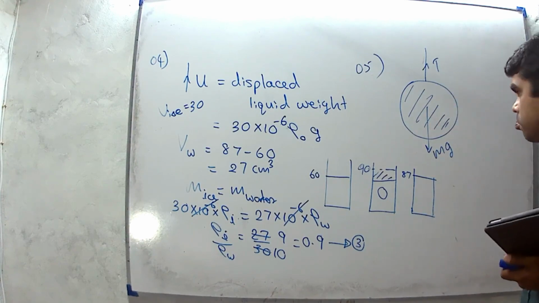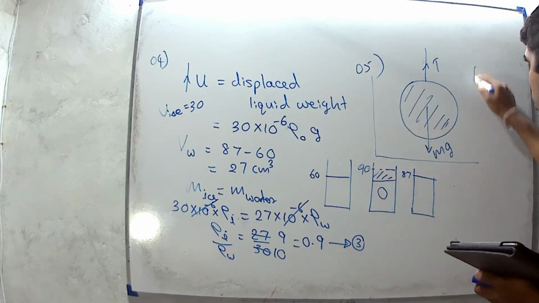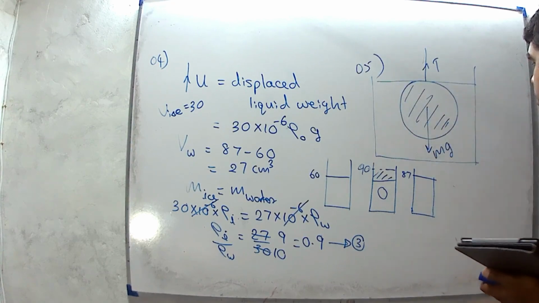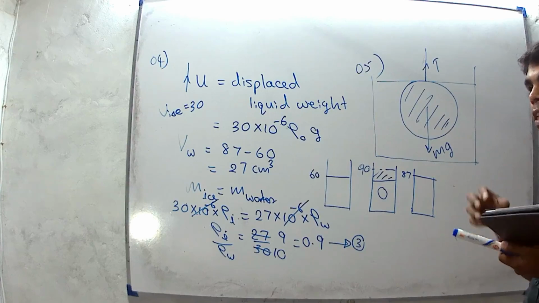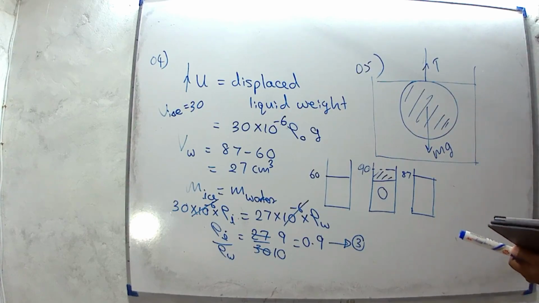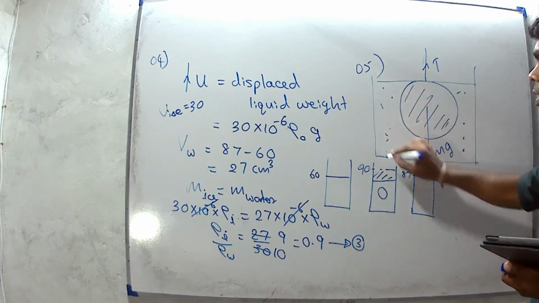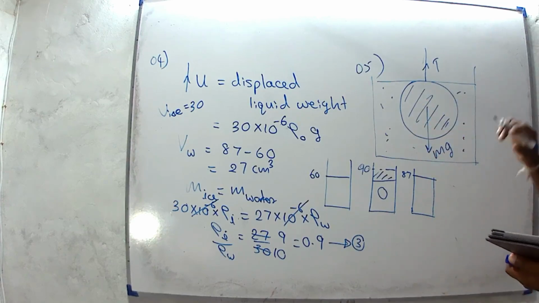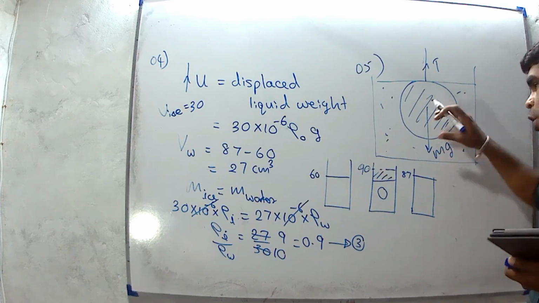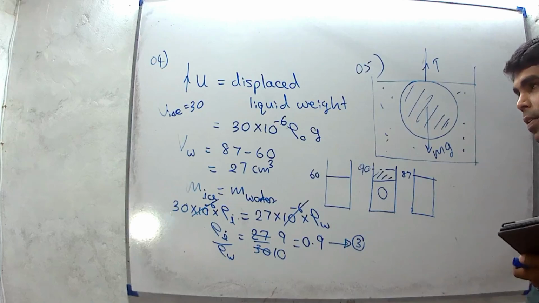T equals mg, and the outer medium is also water. Then we know that the displaced water volume, the displaced volume of this outer medium, is equal to the volume of the bag, and the displaced liquid weight is equal to the upthrust.